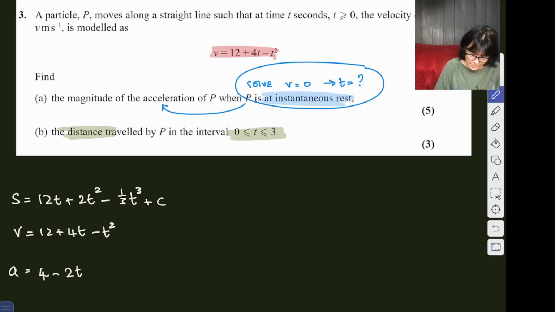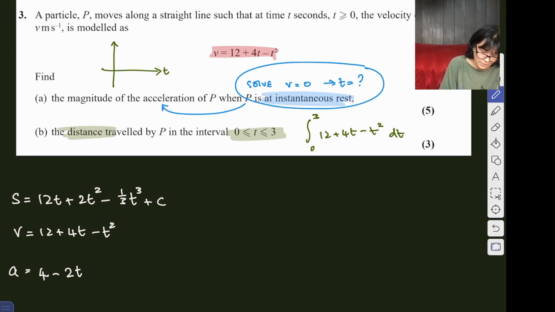Distance travelled, so we think we're going to do the integral from 0 to 3 of 12 plus 4t minus t squared dt, but that would get us the displacement, not the distance. So I'm going to have to draw the velocity, draw that vt graph, and see whether or not I need to split it into two bits. v is a negative quadratic.